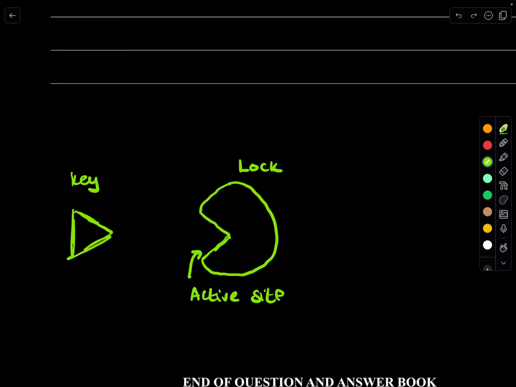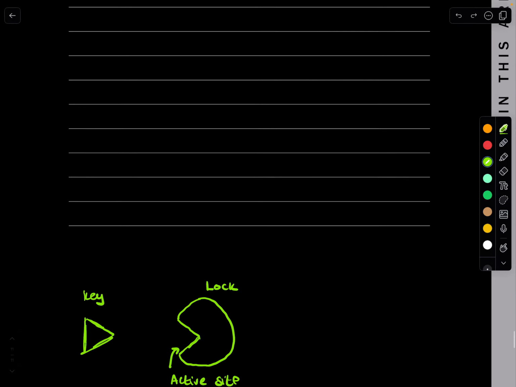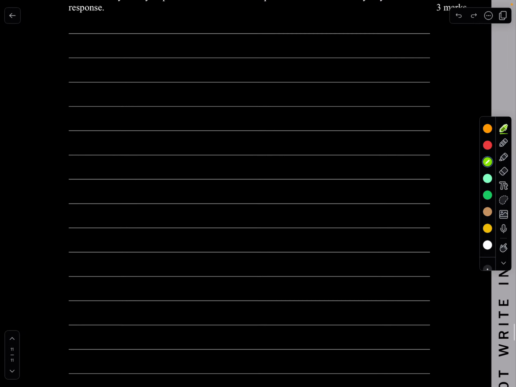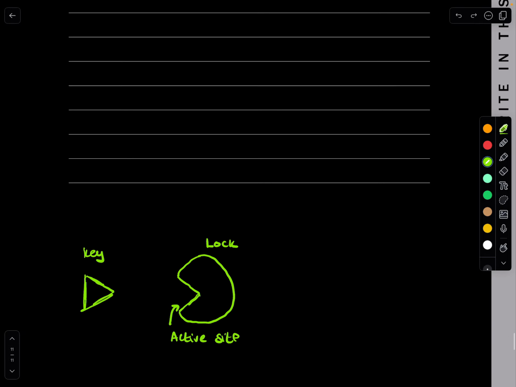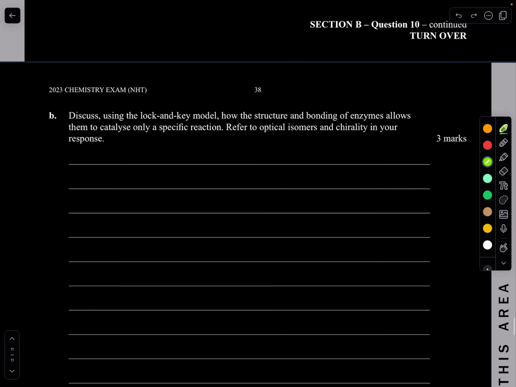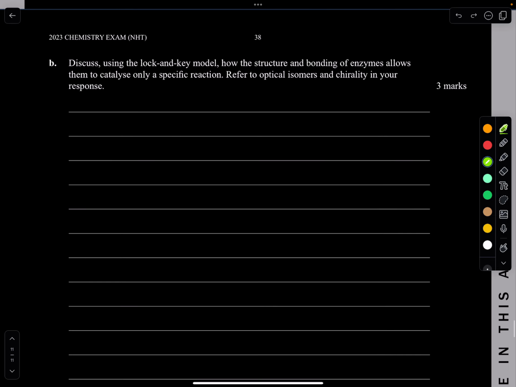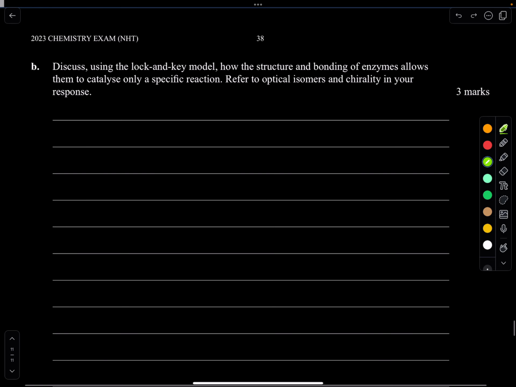It doesn't allow other substrates to bind. It only allows its one substrate to bind in. So we'll just say something like the lock and key model refers to how the active site of an enzyme, which is the lock, is a perfect fit for the substrate and hence highlights the specificity. That should be enough to get that first mark. So let's write that down.